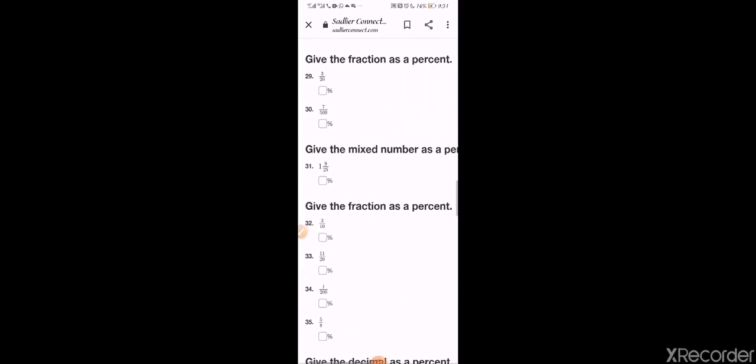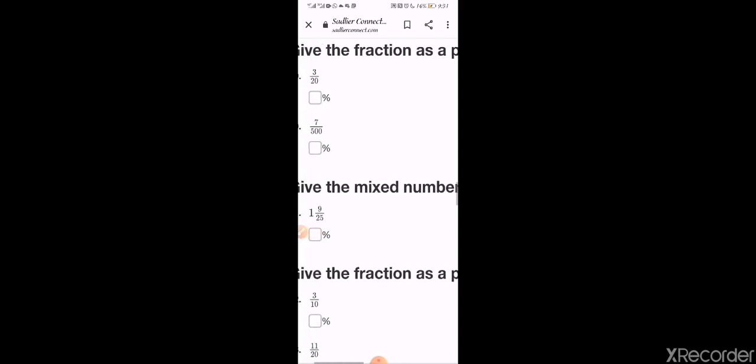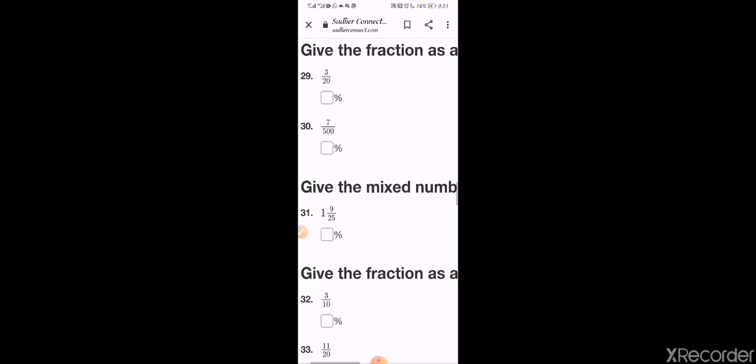Now, give the fraction as a percent. Okay. We need to understand so we can remember all of these rules. You have the fraction. Quickly, if you want from it what? You want a percent. Okay, I told you, when you want a percent, multiply by 100.